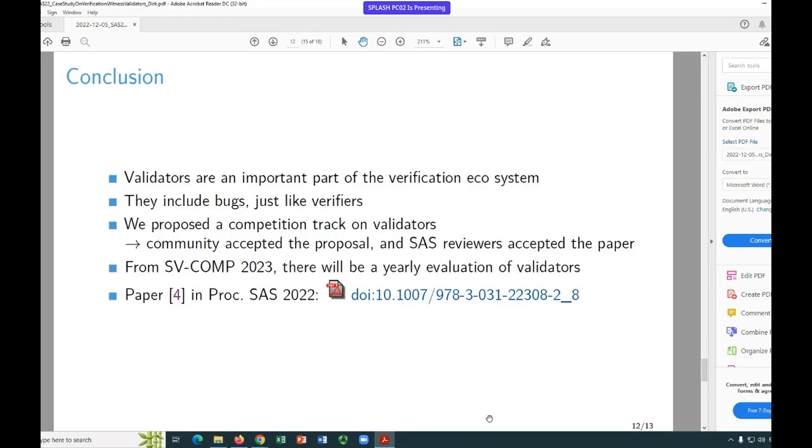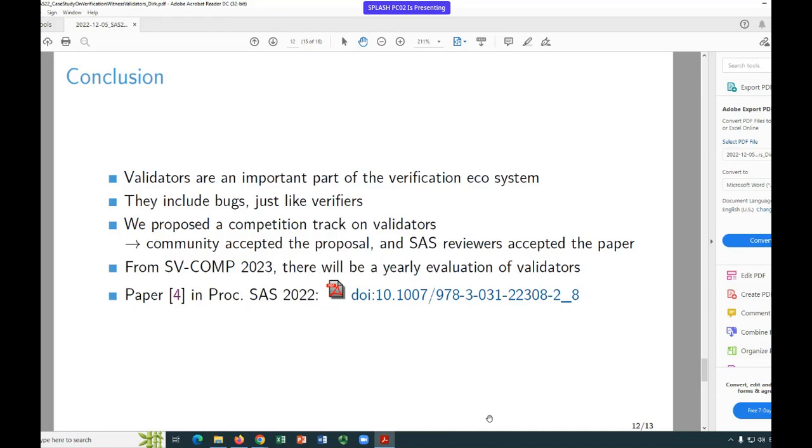If the C program is wrongly encoded in the SMT formula, then we make the same mistake again and confirm. But we have a validator based on CPA checker and a validator based on Ultimate Automizer. Okay, they are both based on predicates, but they use different SMT solvers, different encodings, and different abstraction techniques. Then we use two tools that try to produce tests and run tests, so dynamically executing tests.